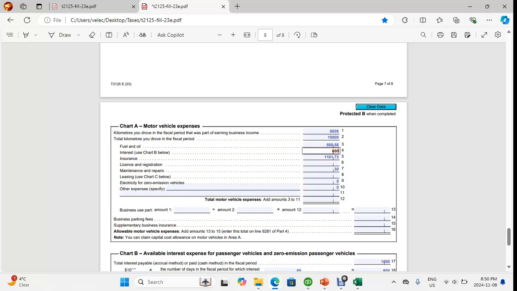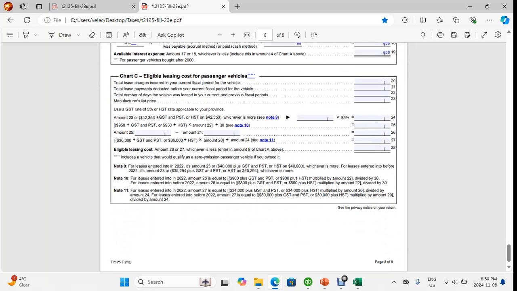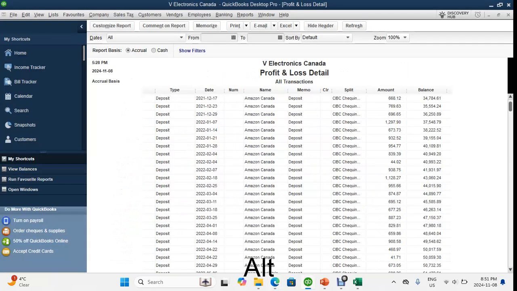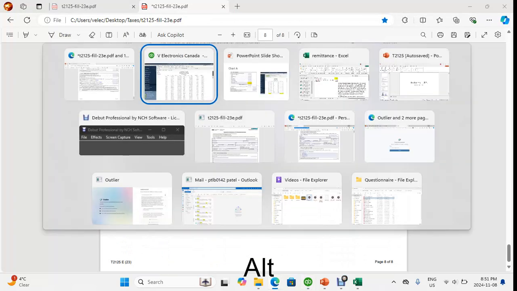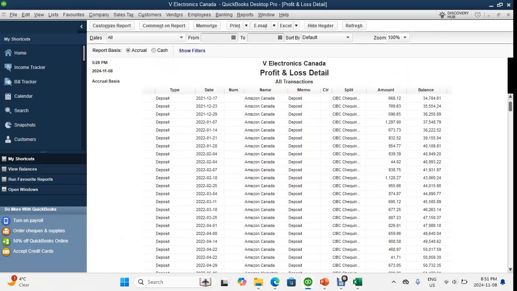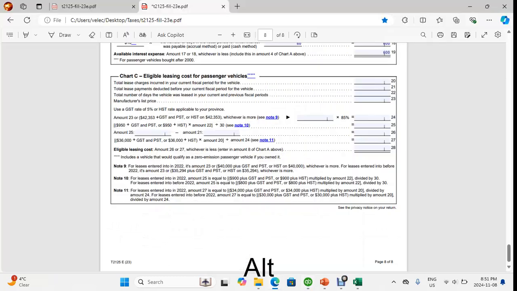Okay, and we'll move on to chart C, or box 8. So when it comes to chart C, these are eligible leasing costs for passenger vehicles. When it comes to passenger vehicles, you can fill in chart C to figure out your leasing expenses. So this will be box 20.